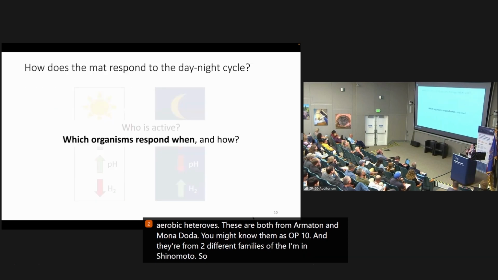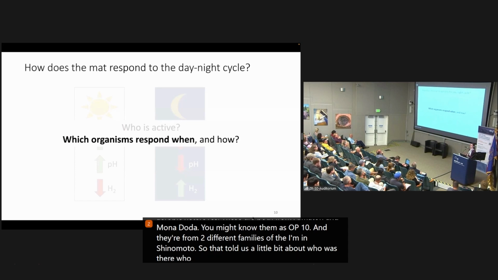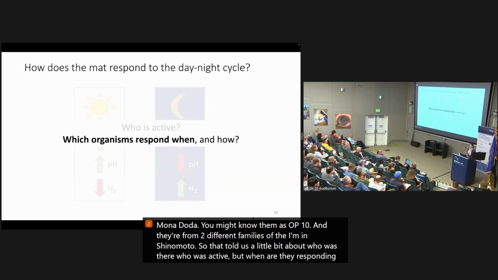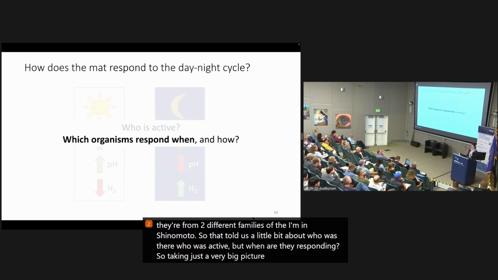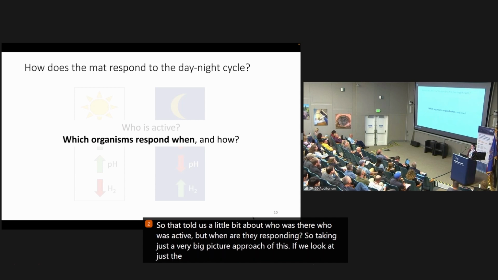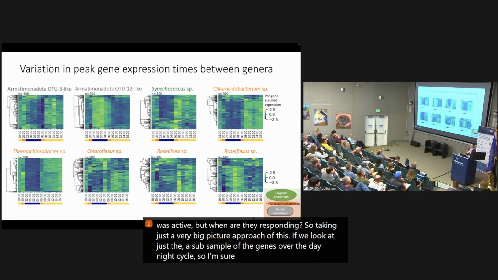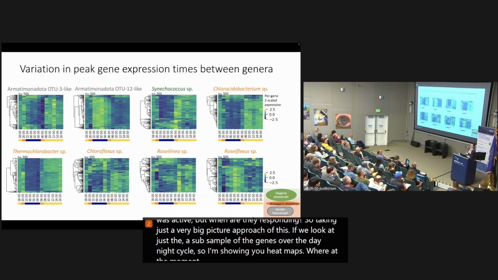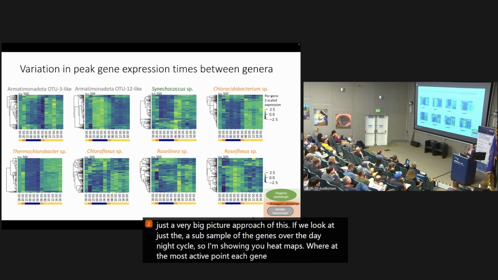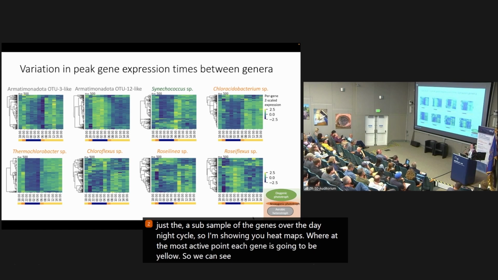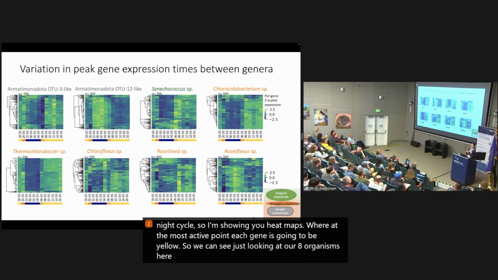That told us a little bit about who was there and who was active, but when are they responding? Taking a very big picture approach, if we look at a subsample of the genes over the day-night cycle, I'm showing you heat maps where at the most active point, each gene is going to be yellow. Looking at just our 8 organisms here, there are very different patterns in total gene expression.